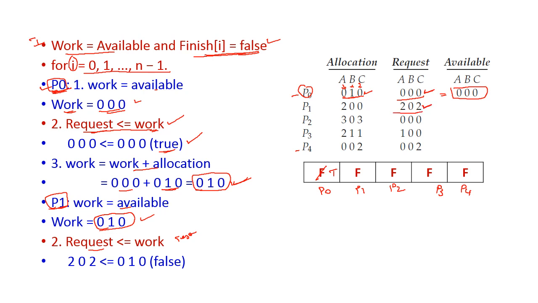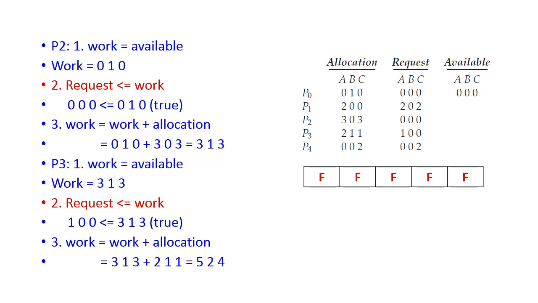But this is greater than the available resources 0, 1, 0. So this is not true. Hence this is false. So P1 now has to wait. So this is P0, P1, P2, P3, P4. P0 got finished, P1 has to wait now.